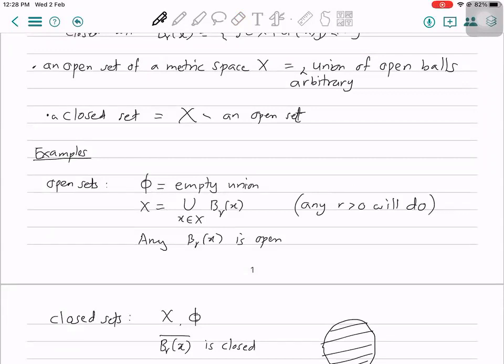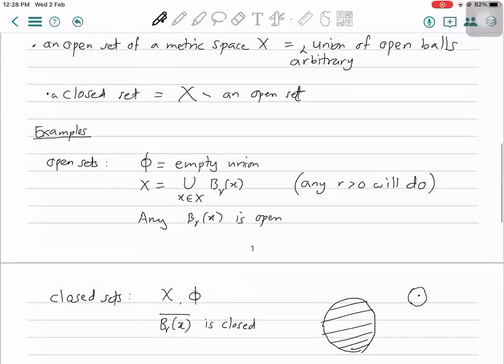So if I take any point outside it, I should be able to form an open ball around it, which stays outside it. And sure enough, I can do this. I can just take a small one. So this is one point. And again, no matter how close I come to the circle itself, I can still put a small ball around it, which still stays completely outside.